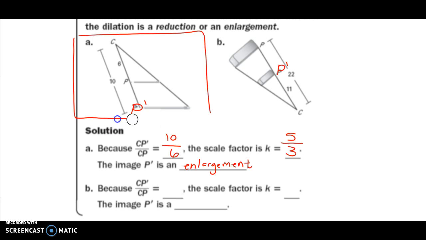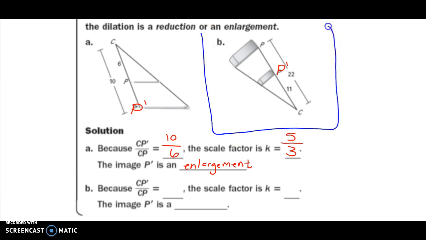Alrighty, now let's do example B. So how far is it from C to P prime? C to P prime is 11. Divided by, how far is it from C to P? 22. You always do prime on top. Just remember that, prime on top.